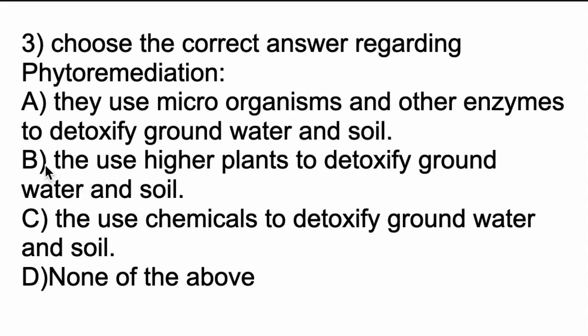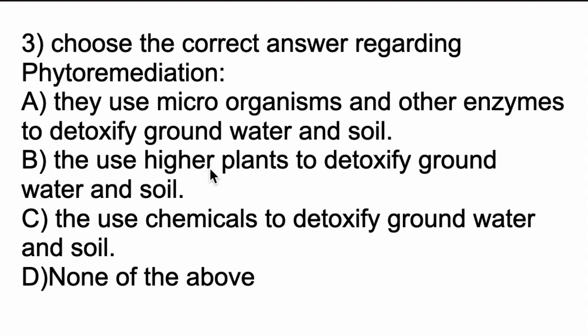Now coming to option B, the use of higher plants to detoxify groundwater and soil. Option C is the use of chemicals to detoxify groundwater and soil, and option D is none of the above. So here, for phytoremediation, option B is the correct answer.